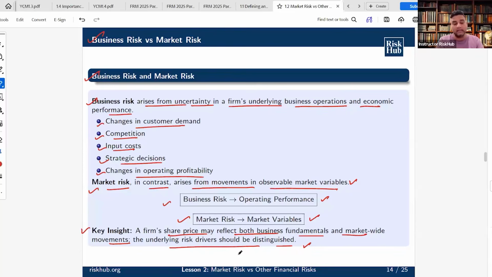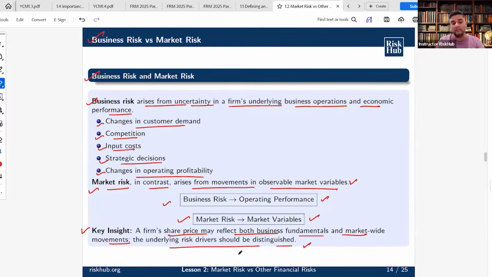So again, the idea here is business risk arises from uncertainty in a firm's own operations and economic performance. The slide lists five drivers: changes in customer demand, competition, input costs, strategic decisions, and changes in operating profitability. Market risk is then contrasted as risk from moves in observable market variables. Operating profitability is profit generated by the firm's core trading activity before financing effects.